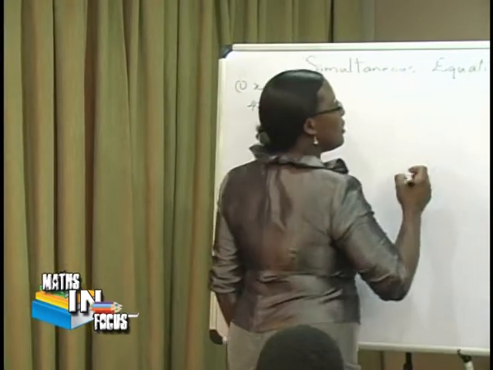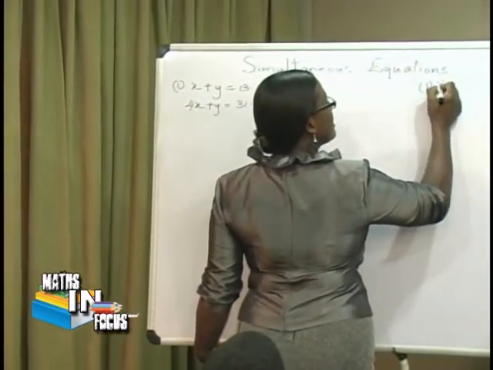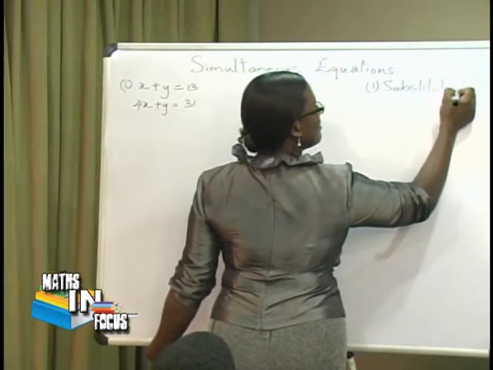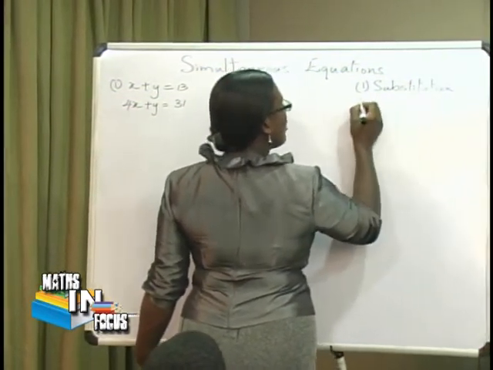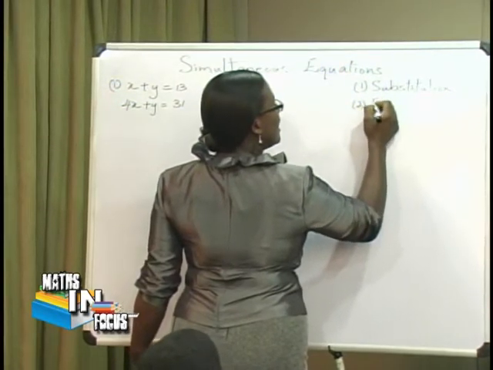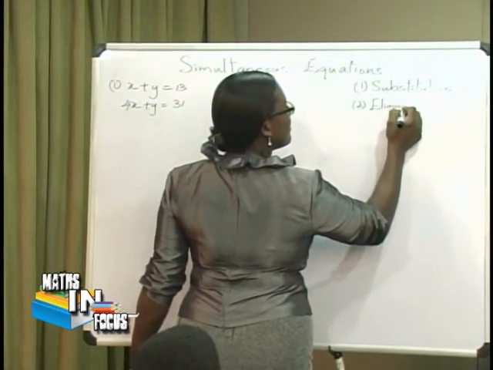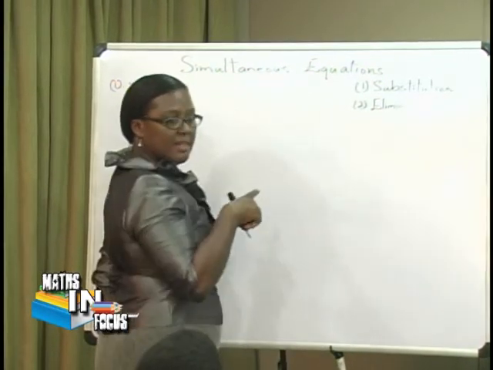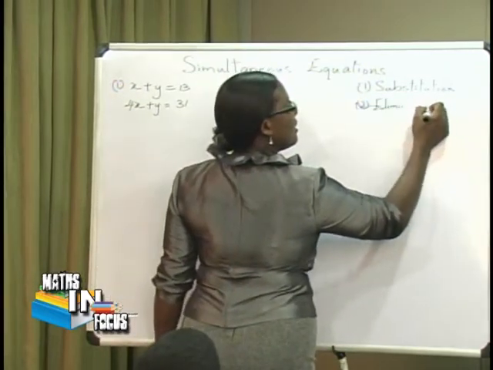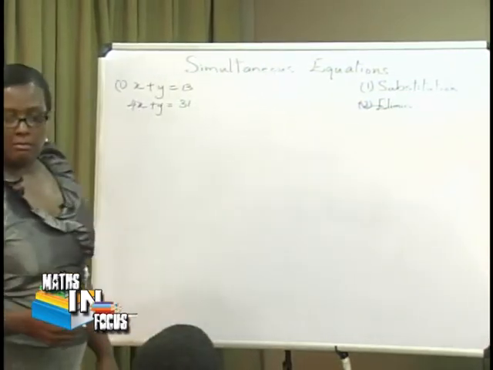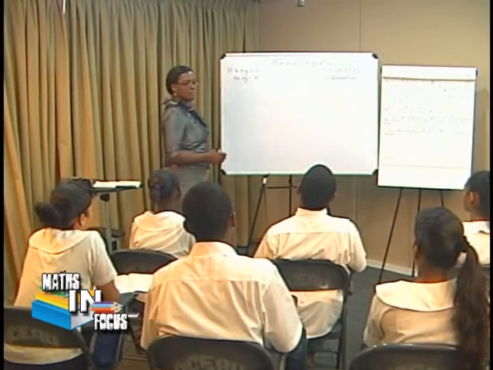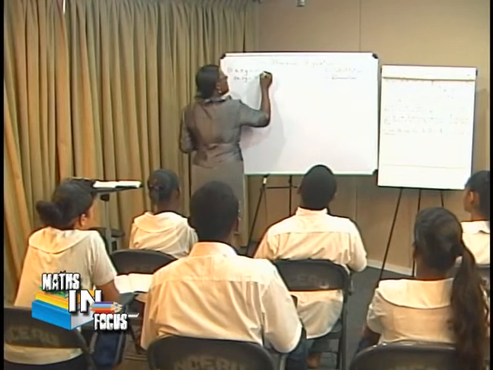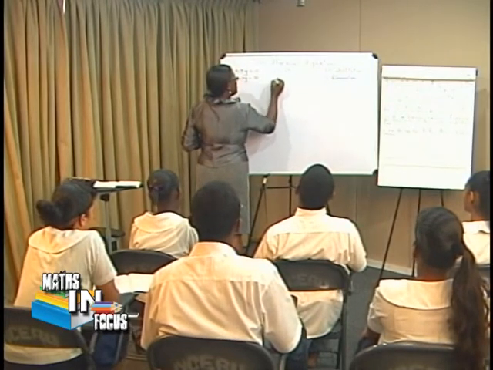We can either go the method of substitution, or we can adopt the second approach called elimination. In this lesson, we're going to be using substitution. Now we have two equations here: equation 1, equation 2.